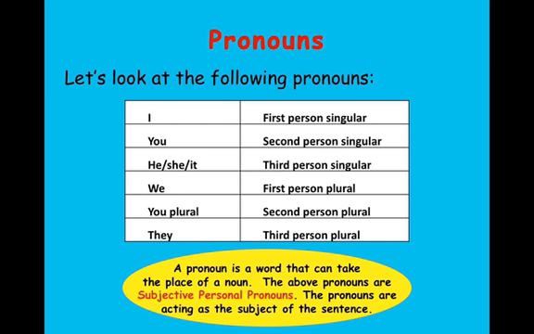You plural that you don't really have in English, but we'll learn the Spanish version of that, and they. So you will hear me in class talk about first person singular, second person singular, third person singular, first person plural, second person plural, third person plural. So this is what I'm talking about when you hear that in class.